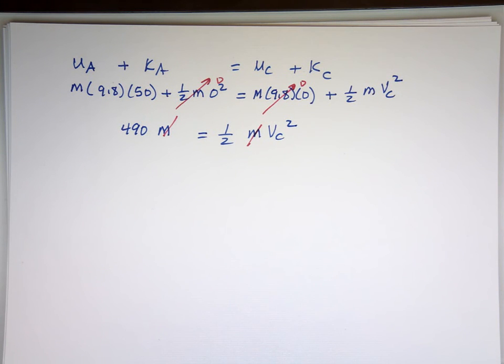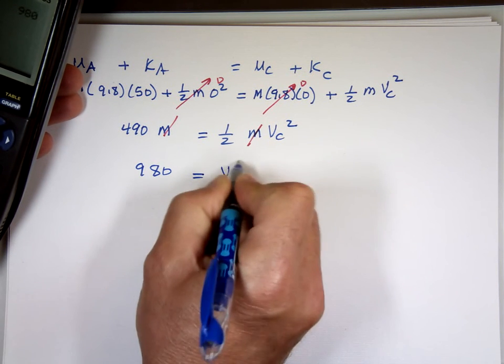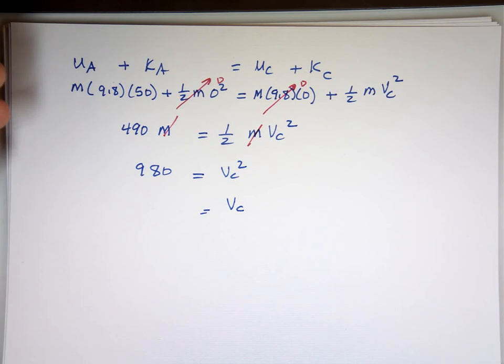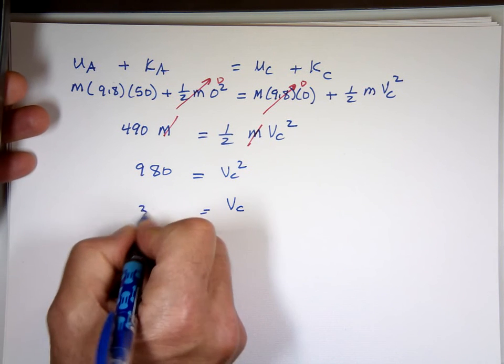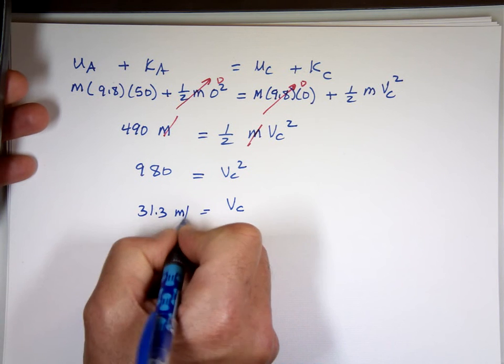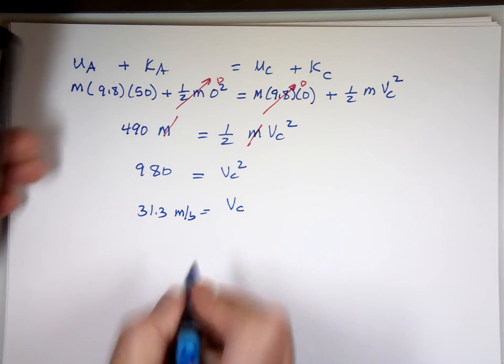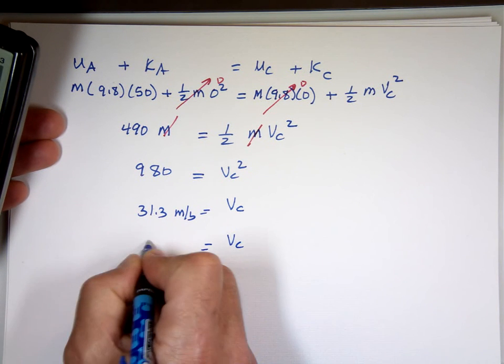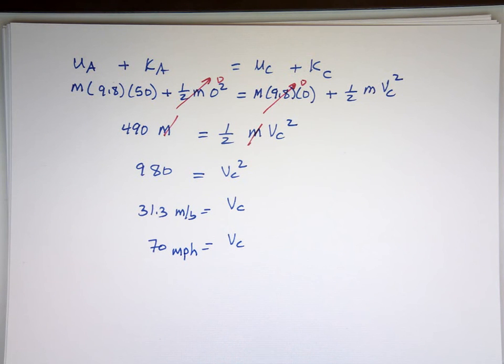So 2 times 490 is 980. And what is vC equal to? 31.3 meters per second. Approximately, you're going on the bottom approximately 70 miles per hour. At the 20 meters, we said you're going approximately, what, 54 miles per hour? Here's 70 miles per hour when you hit the bottom.